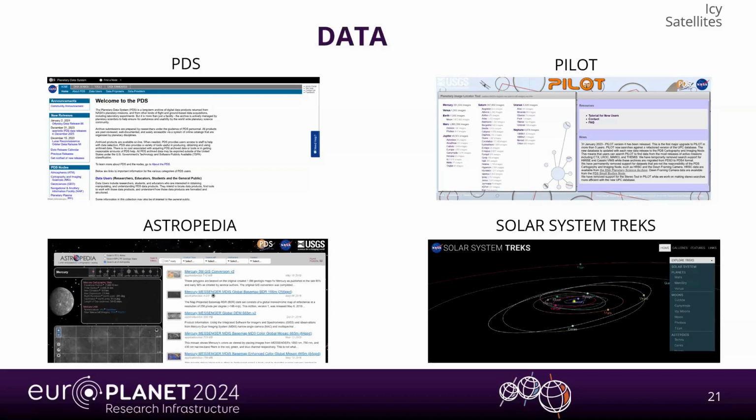So this is very useful. And another interactive portal that you already saw is Solar System Treks, which allows you to better visualize, explore and analyze the surfaces of planetary bodies, and of course also icy satellites, using data returned from planetary missions.